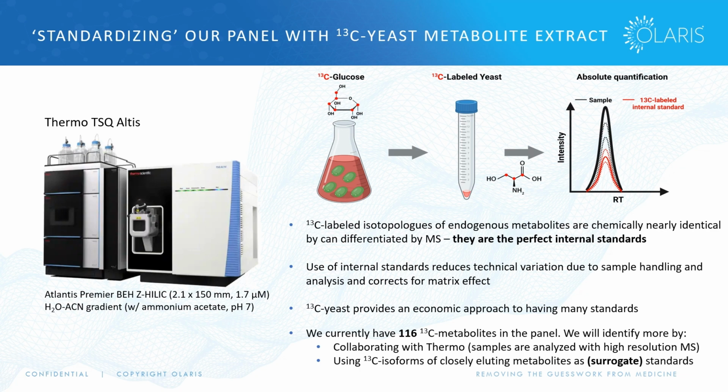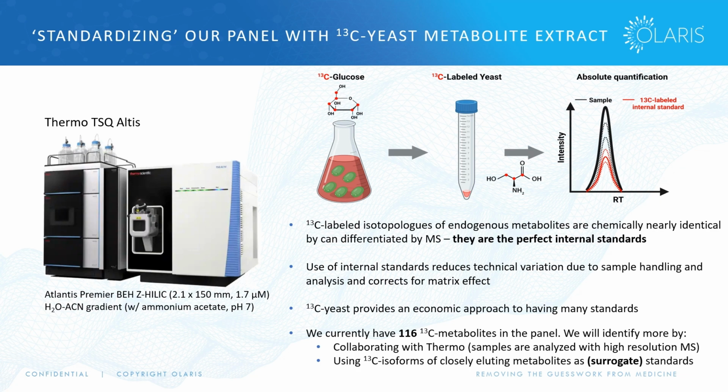And so while getting individual standards for all of these metabolites is cost prohibitive, there's a workaround in the form of 13C yeast. And so these yeast cells are simply being grown on 13C glucose instead of the normal 12C glucose. And then the resulting 13C labeled yeast extract can be used to spike into your sample to have many 13C standards, and this is commercially available.